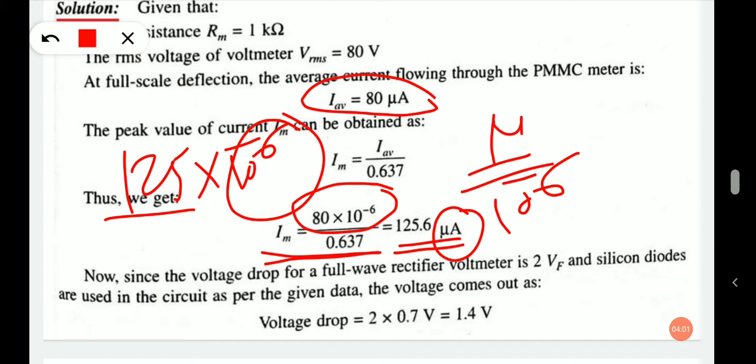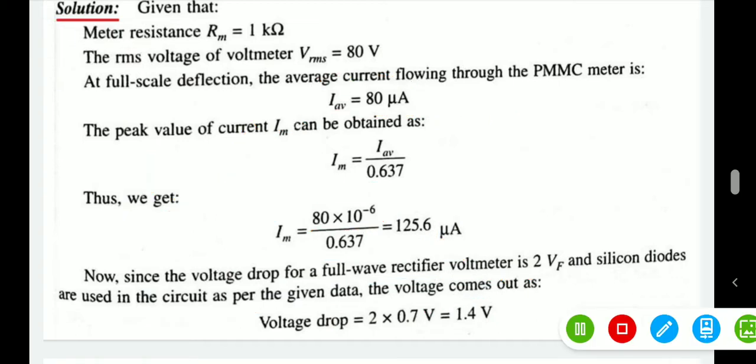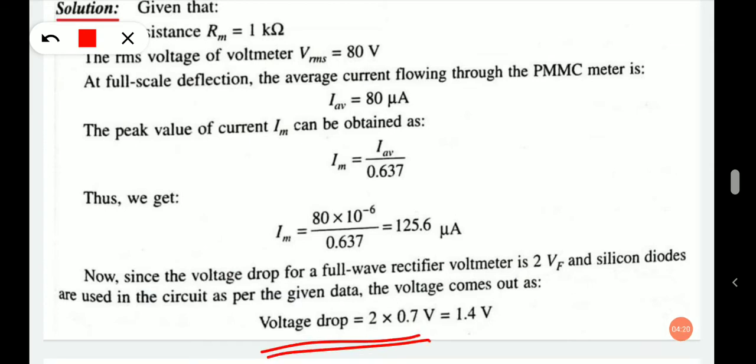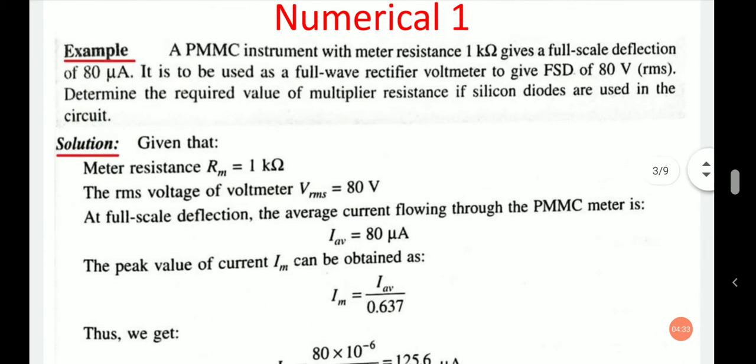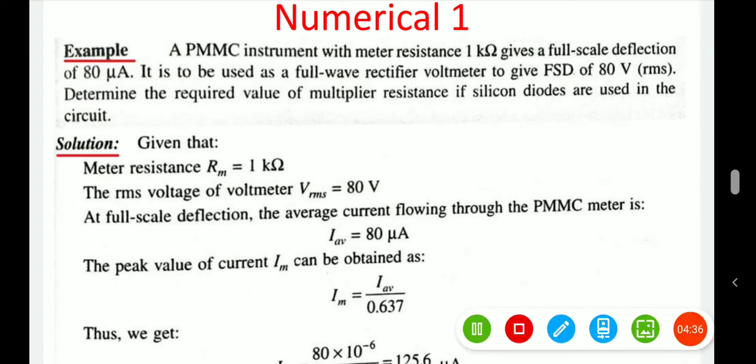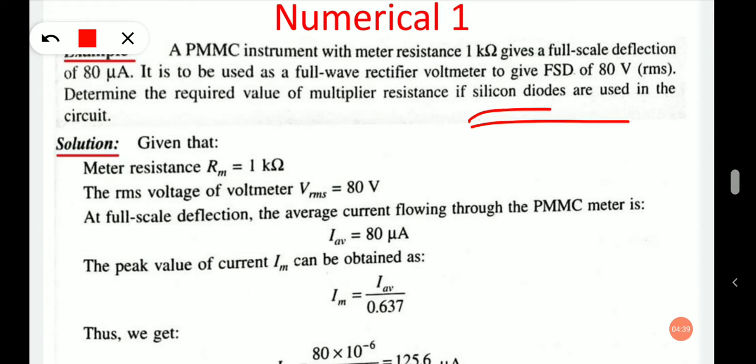Now since the voltage drop for full wave rectifier voltmeter is 2 Vf and silicon diodes are used in the circuit as per given data, the voltage drop we can write as 2 into 0.7 volt. Why 2 into 0.7 volt? In the question itself it is given that silicon diodes are used.